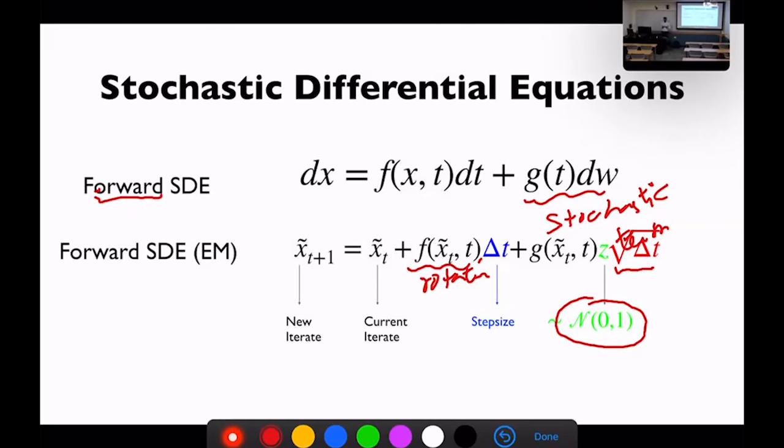That little bit of noise that comes from this normal distribution is the real difference between a deterministic differential equation and a stochastic differential equation. When you add this term, if you run it twice, you're going to have different results.